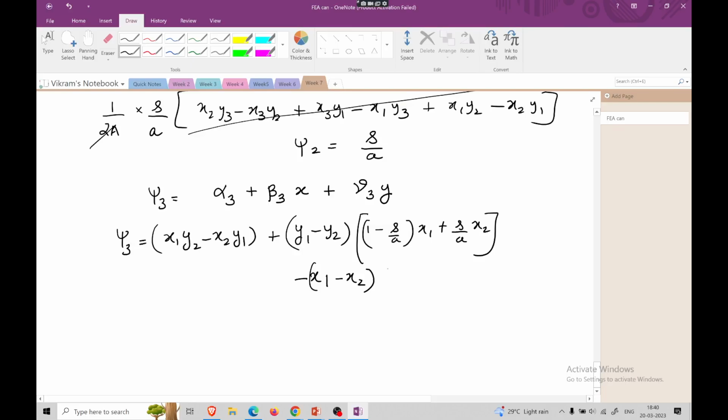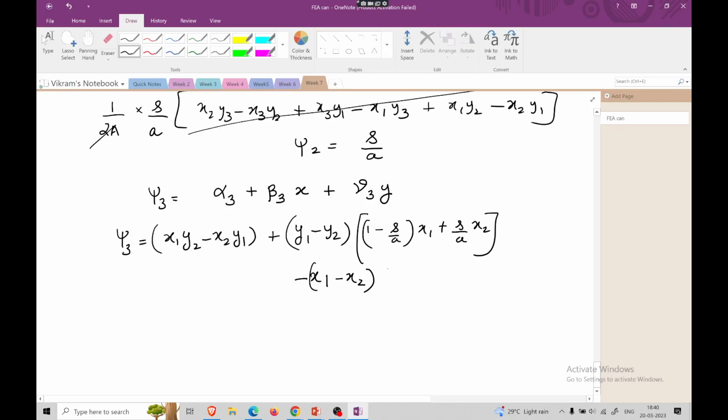This will be x1 y2 minus x2 y1 plus 1 minus s by a times of x1 y1 plus s by a times of x2 y1 minus 1 minus s by a of x1 y2 plus minus s by a of x2 y2.